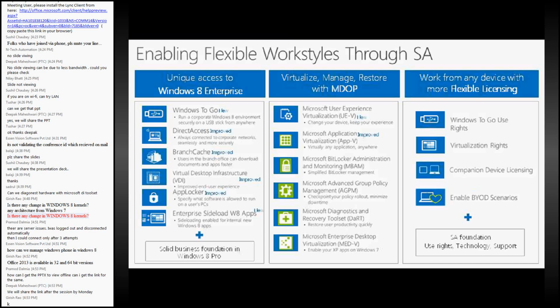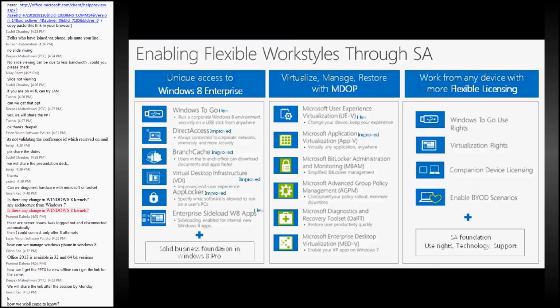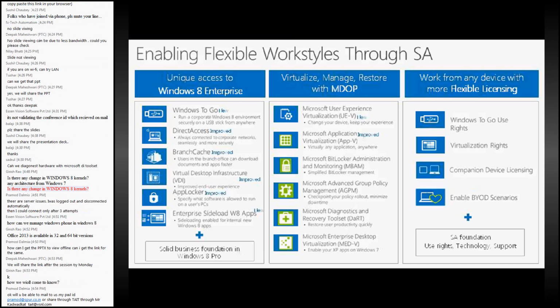It is a truly manageable corporate Windows 8 desktop on a bootable external USB stick. Now, this will allow IT organizations to support the bring your own PC trend, and businesses can give contingent staff, those staff who work remotely, or whom you pay, access to work in your environment without compromising security.